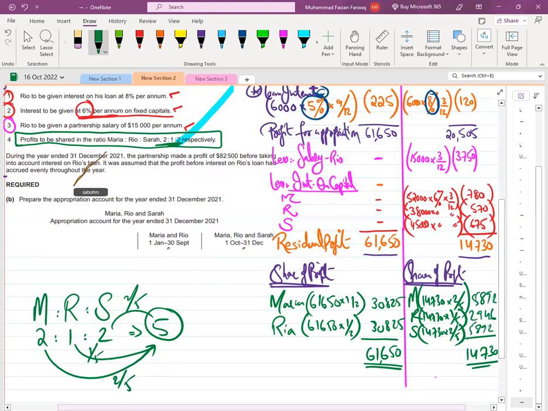This is the distribution of profit, and we can say we completed this part B of this question, which is for 7 marks. 7 easy marks, it is lengthy, but it's not difficult at all.